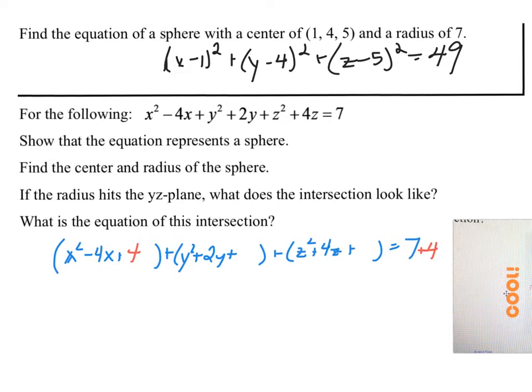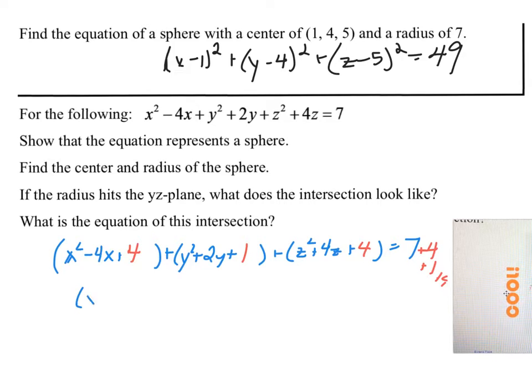Okay. Next parentheses, half of 2 is 1, squared is 1. So I have to add 1 over here as well. And finally, last parentheses, half of 4 is 2, squared is 4. So I add 4 here as well. So let's collapse all this down.